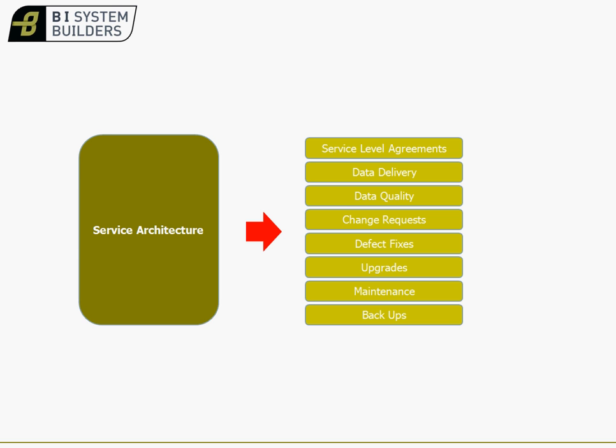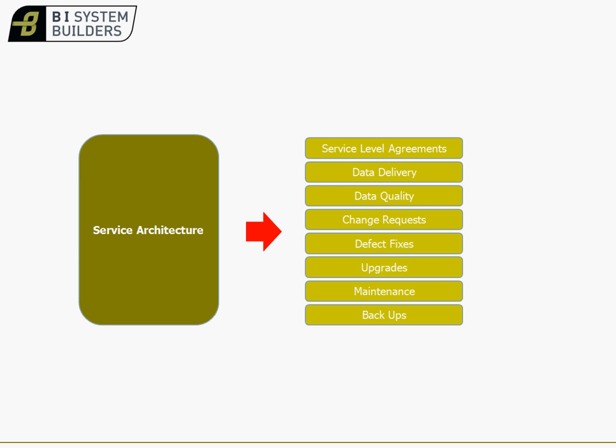Because you're putting together a solution, you need to put together a solution that meets those requirements for data delivery and data quality. If the solution that you're thinking of and you're defining can't meet the service level agreements, you'll have to revisit application architecture and your infrastructure architecture, data architecture maybe, and start to change them.